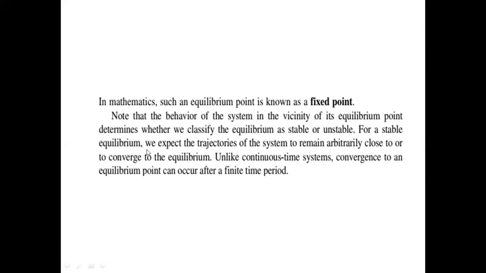For a stable equilibrium, we expect the trajectories of the system to remain arbitrarily close or to converge to the equilibrium. What is the meaning of this? The trajectories of the system are nothing but the response of the system, which should remain arbitrarily close or converge to the equilibrium, meaning the response of the system should follow the response when it is operating at the equilibrium point.